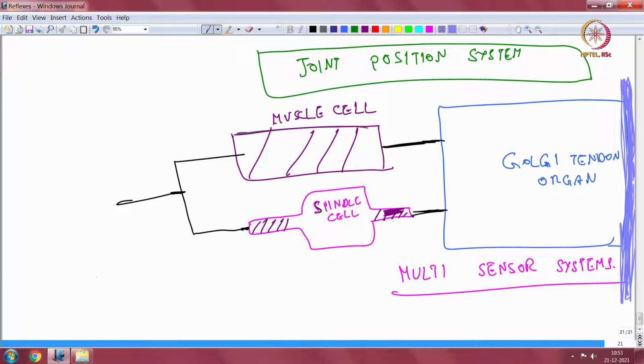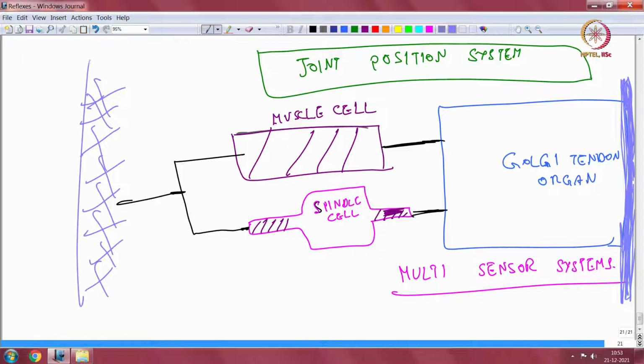So, you are looking at two sets of bones which are acted upon by this system. So, the joint position sense informs the position of the joints, so the position of the bones relative to each other, and that is another mechanism.